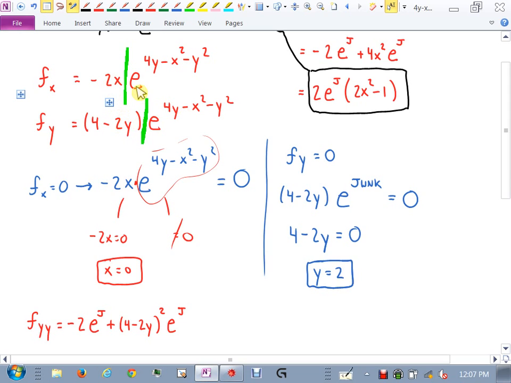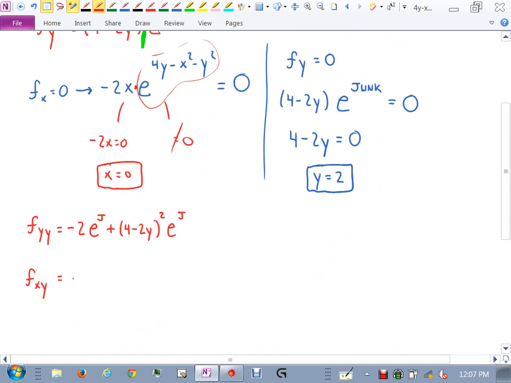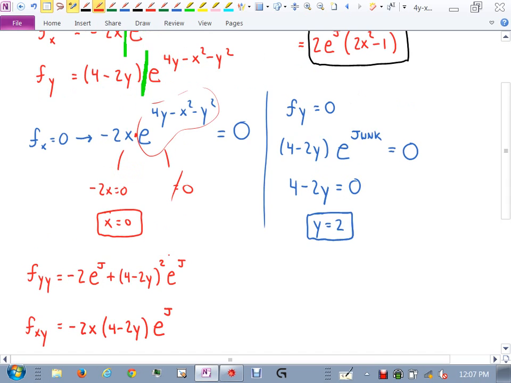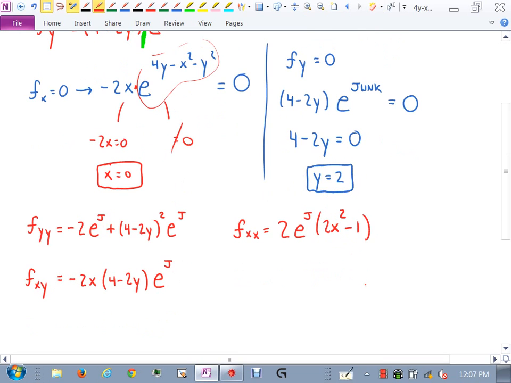So it's this with negative 2x in front. I'll bring that fxx down here so I have them all side by side. All right, so that's what I need, those three things.